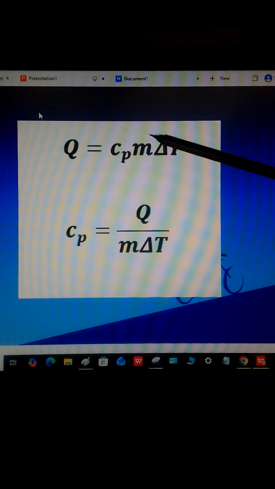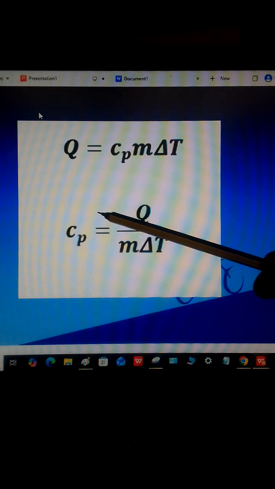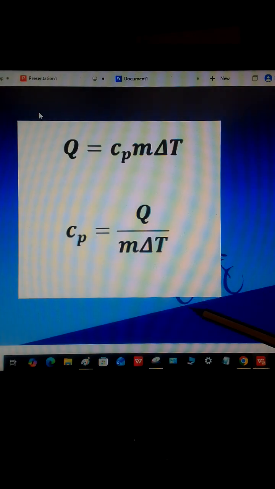Right? And from this expression, you can find the specific heat capacity of a given substance by making Cp the subject of that equation.